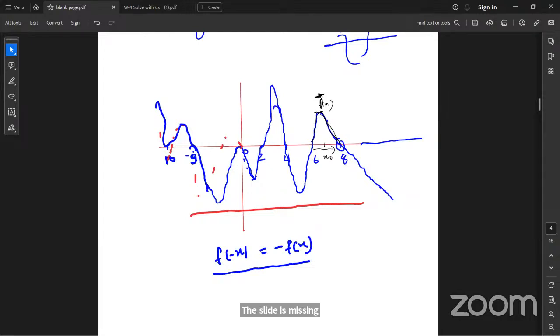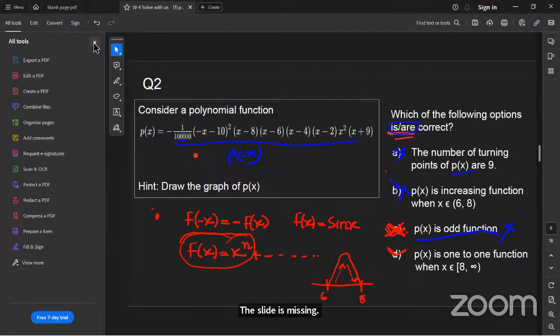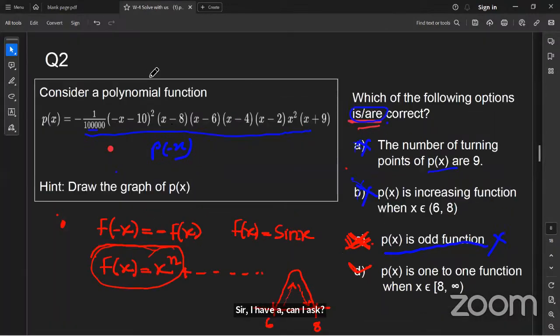Sir, I have a question. Can I ask? Yeah, just ask. In the qualifier, what types of questions will come? I don't know. It will be moderate questions. The concept will be the same as your graded assignment, your practice set, and whatever questions were asked in previous years.